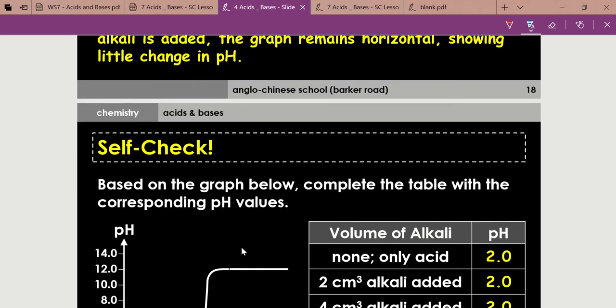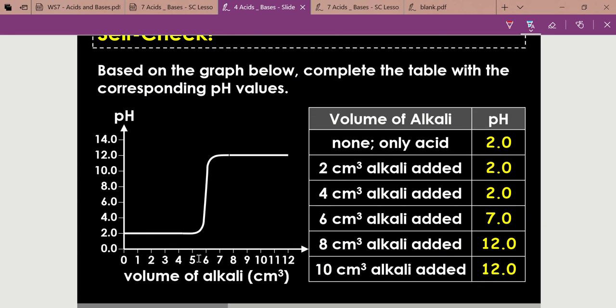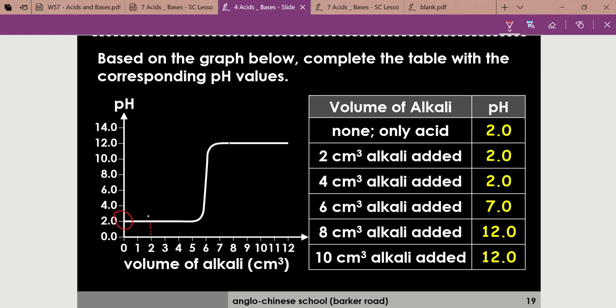Okay, and so let's just complete this. Based on the graph below, complete the table with the corresponding pH values. So when there is no alkali added, when there's only acid, the pH is the one at the start over here. All right, so this is at pH 2. When 2 cm³ of alkali is added, so this is when you interpolate upwards, you'll notice that it is still having no change.